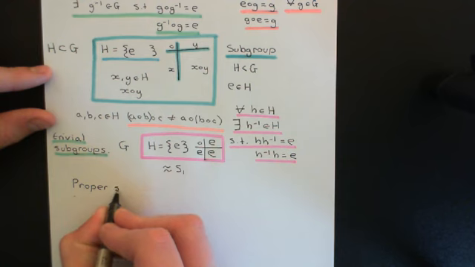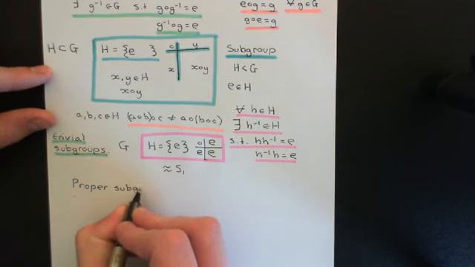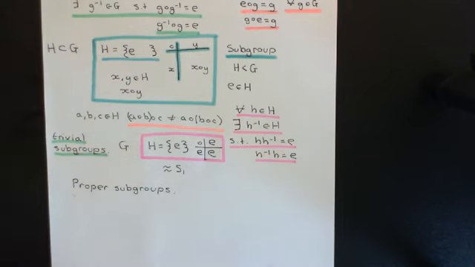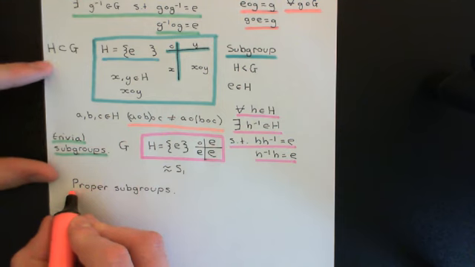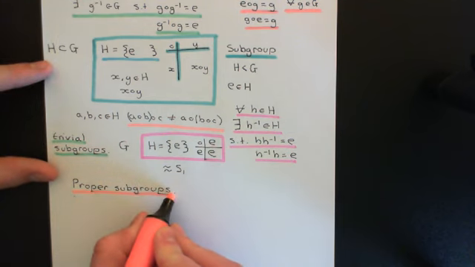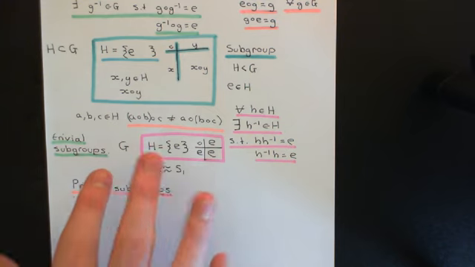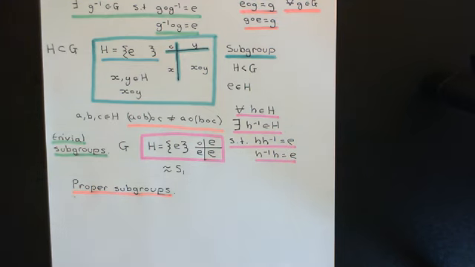So really, when we are studying subgroups of groups, we are more interested in proper subgroups rather than these trivial subgroups. When we now go on to our examples, we're really going to be looking at proper subgroups. But be aware that for any group you can easily find two subgroups, which are these two trivial ones.